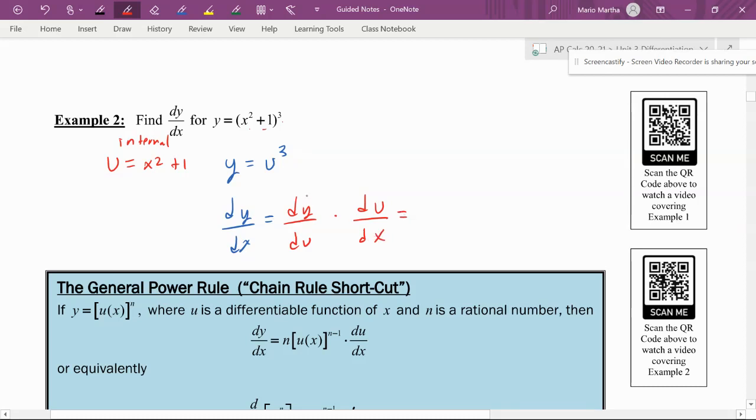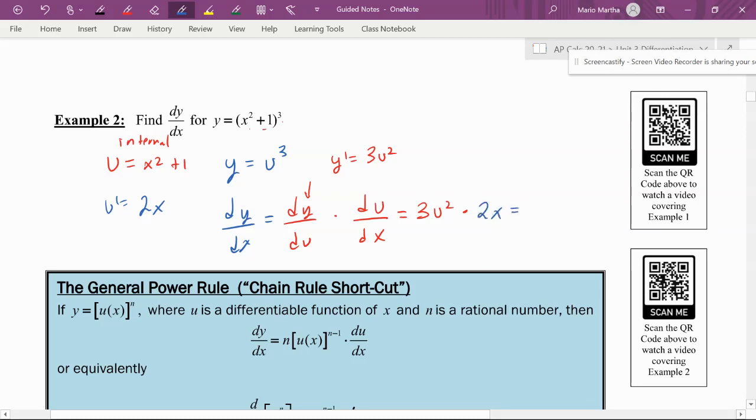So first, we want to find the derivative of y with respect to u. So that would be just pretty much finding y prime here, right? And that's just going to be 3u squared. So 3u squared replaces the first part. And then u prime would give me the derivative of x squared plus 1, so that'll be just 2x. So over here, we're going to put times 2x.